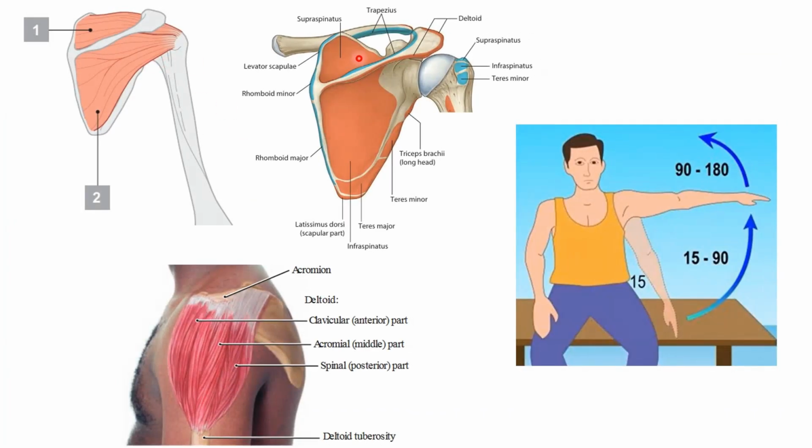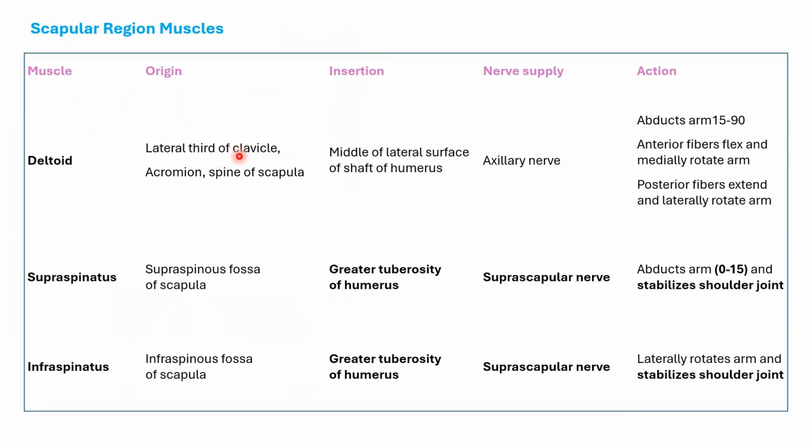You can see this is the supraspinatus muscle, originating from the supraspinous fossa, and this is the infraspinatus muscle, originating from the infraspinous fossa, and this is the deltoid, originating from the lower ridge of the spine, acromion process and the lateral third of the clavicle. Deltoid inserts to the middle of the lateral surface of the shaft of the humerus, actually the deltoid tuberosity.